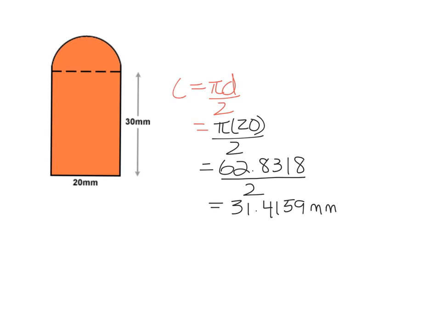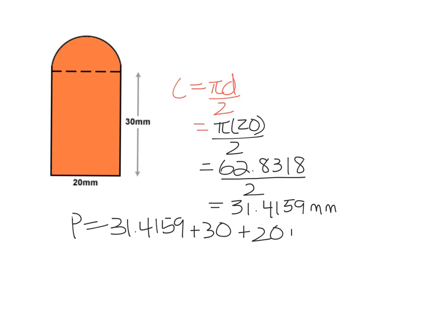Alright, now that I have that, I can do my perimeter equation. So I get P equals, let's start with the circumference that I just calculated, 31.4159, plus 30 for this side here, plus 20 for this side here, plus another 30 for this side right here.